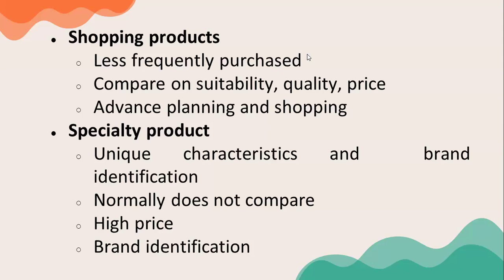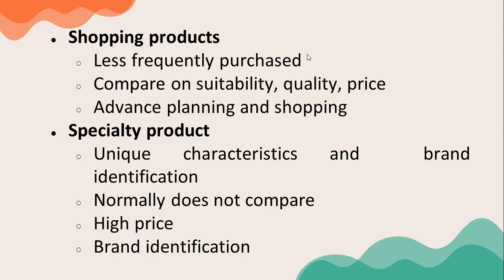This specialty product has some unique characteristics and brand identification. Once you purchase, you do not compare with the other brands or the characteristics of other competitors. You are not doing the comparison, right? And these are high in price and with brand identification.